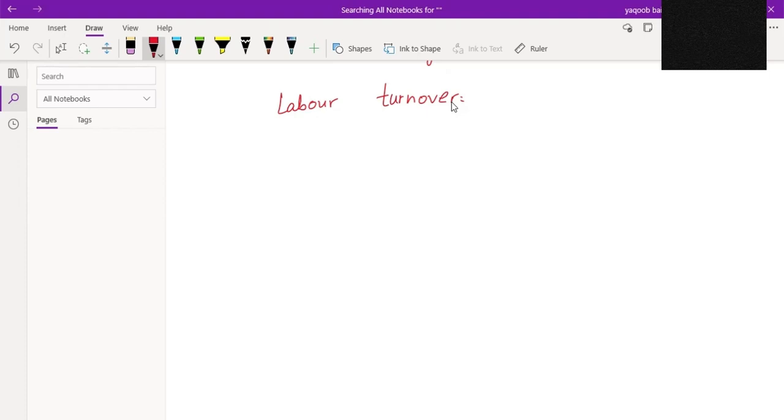So labor turnover does not always arise because of management, and it is not always possible for management to control it.